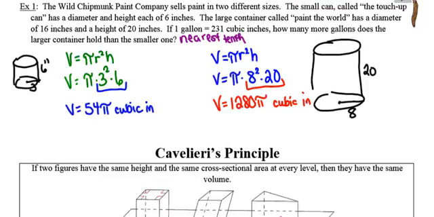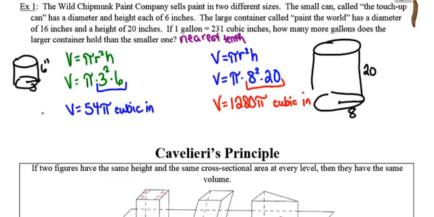So at this point in the problem, I've got a couple options. I can either now go through and figure out how many gallons are in each can. That would be one possible way to finish this problem up. And then once you know how many gallons are in each can, subtract. I'm going to find the difference in volume, or in other words, how many more cubic inches the larger can will hold than the smaller can.